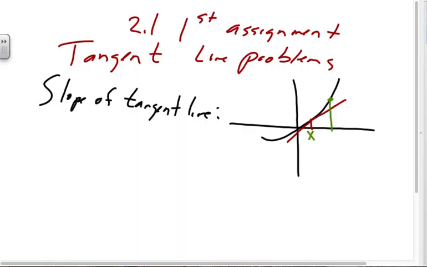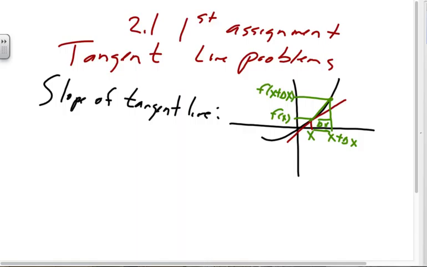So this is our point x, and this is going to be x plus delta x. So this is delta x. And we find that slope. Now what we knew is as we brought this closer and closer, the slope of this secant line becomes closer and closer to our tangent line. And this is f of x, and this is f of x plus delta x. Some of you are going to see this looks awfully familiar.